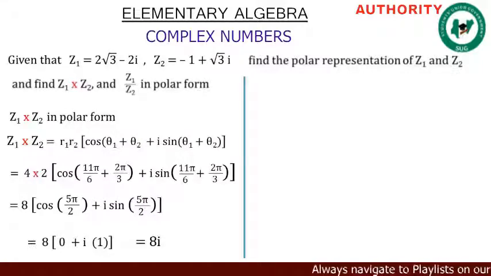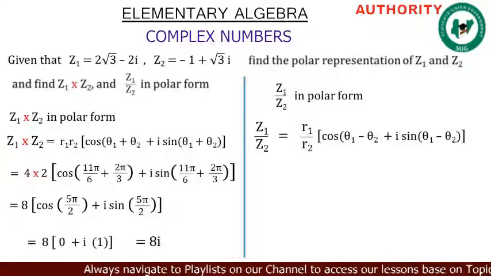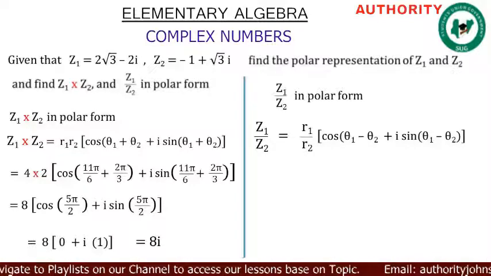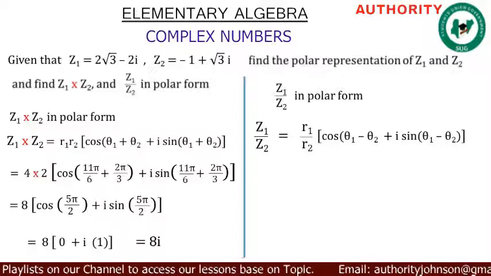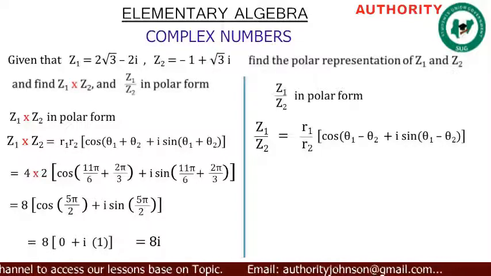Okay, now let's go. z1 all over z2 in polar form. Also in our theorem we say that z1 all over z2 in polar form is going to give us r1 all over r2 open bracket cos (theta 1 minus theta 2) plus i sine (theta 1 minus theta 2).